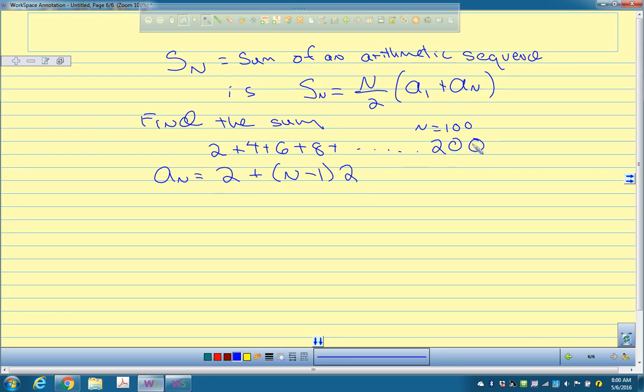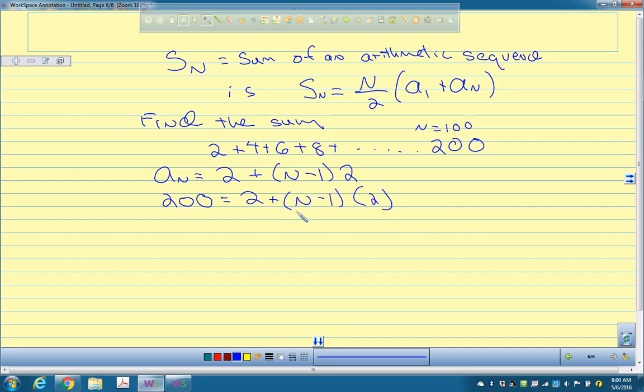This is an easy one to do by looking at it, but it's not always that easy. Before I could use this formula, I need to know what n is, so I need to know how many terms I'm adding up. So I put 200 over here, because the term that is 200 is 2 plus n minus 1 times 2.